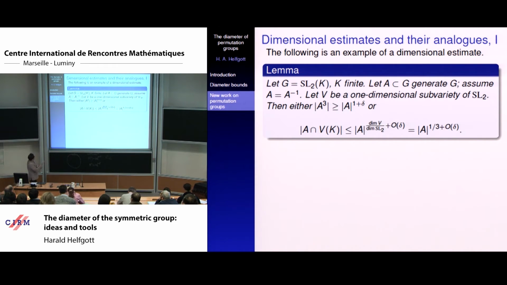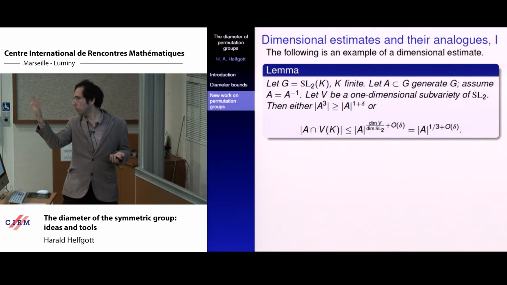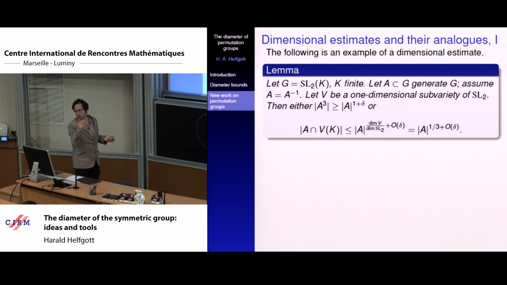So you have SL2, you have a one-dimensional variety V of SL2, and then we say, if A barely grows, so either A grows, in which case we are done, or the intersection with V is A to the 1/3, basically, A to the 1/3 plus O of delta, 1/3 being the dimension of V, 1 divided by the dimension of the group.